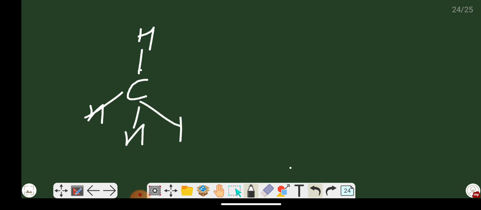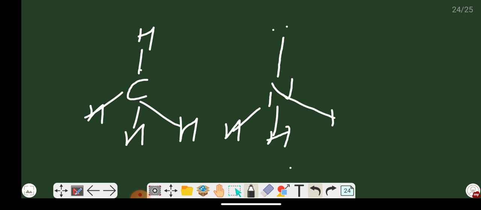Now let's discuss how the symmetry of the molecule changes by lone pairs in the molecule. Here we have the CH4 molecule, and here we have NH3. One bond is made by two electrons, so if for instance we take these lone pairs as bond pairs, then the symmetry of the molecule is tetrahedral.